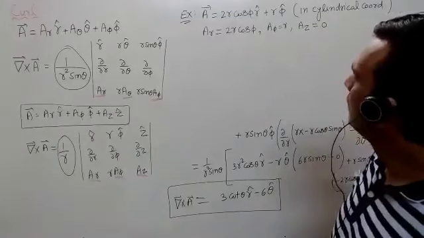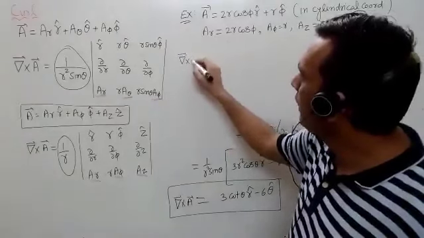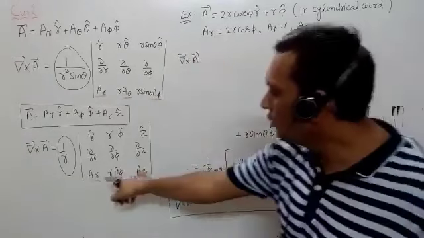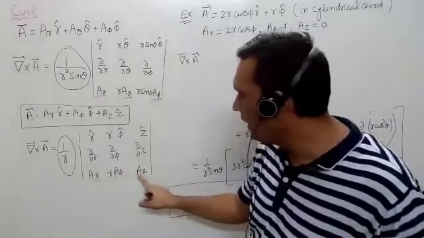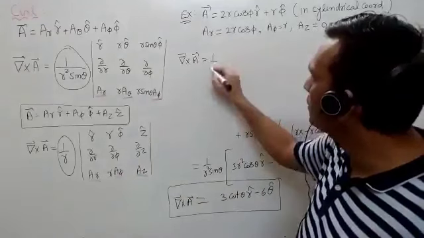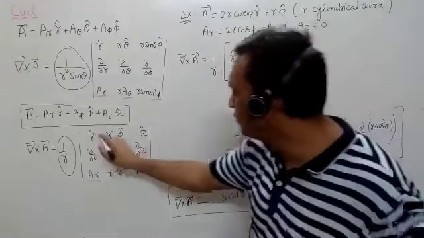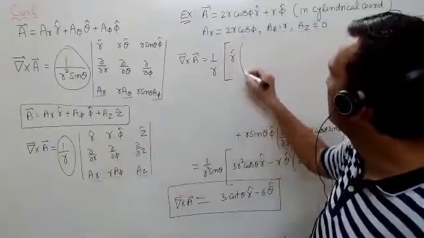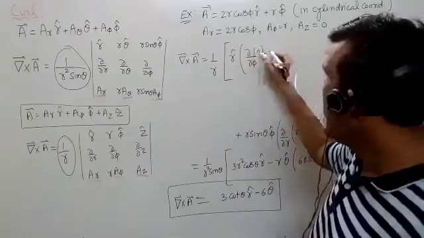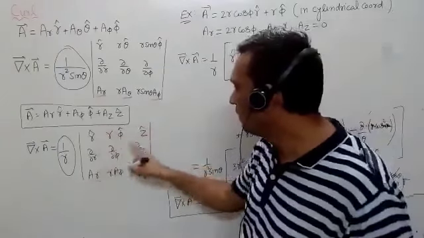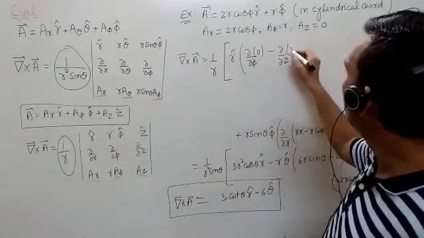Okay, sir. So now find curl of A. So in this formula, you have to put for AR, A phi and AZ. So 1 by R term is common. Then R cap will give you del phi AZ. AZ is 0 minus del Z R into A phi.